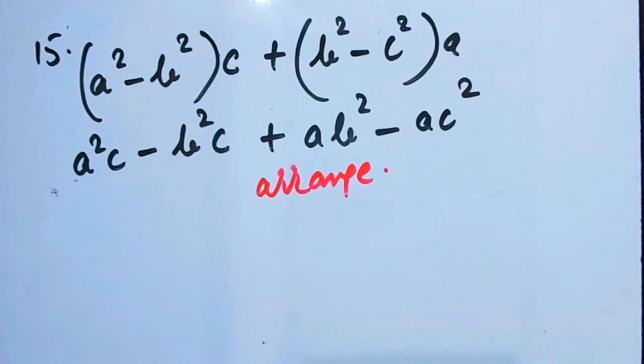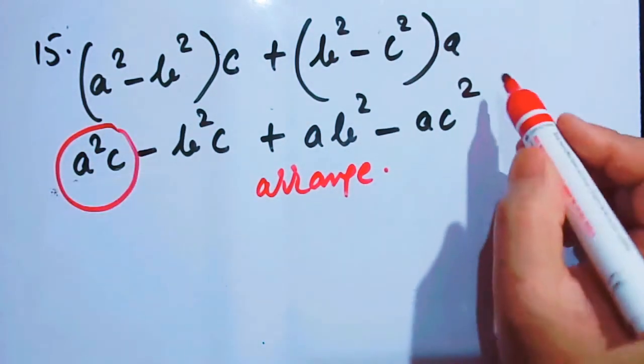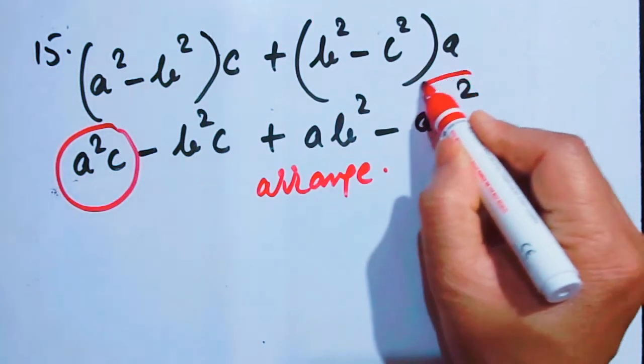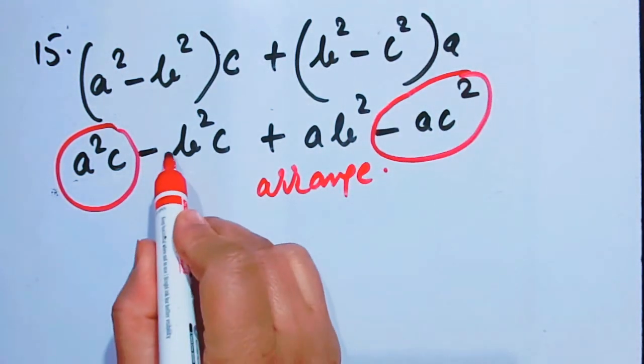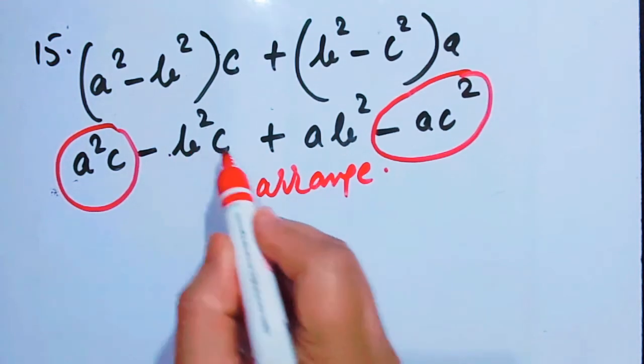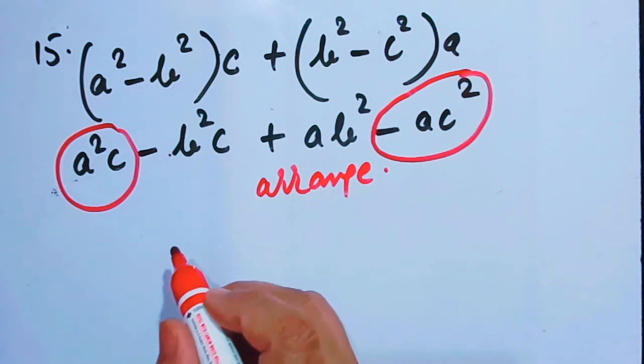I take A square C and minus AC square, and minus B square C and AB square, naturally we are going to get something common.